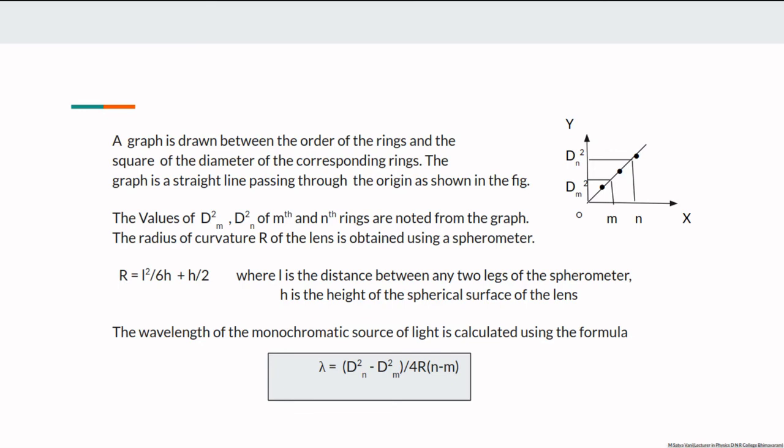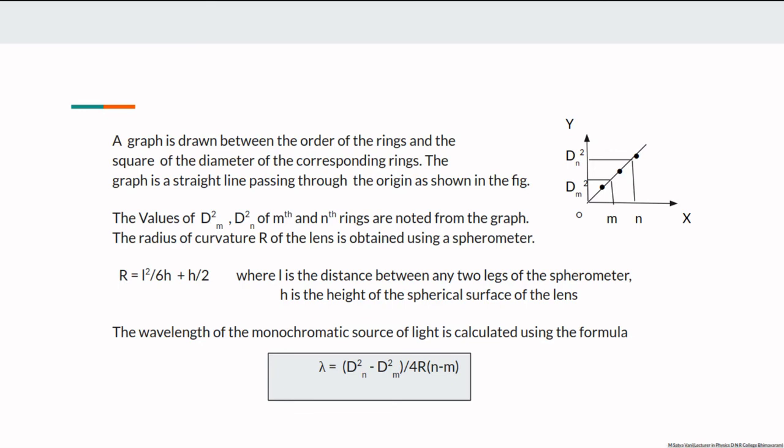If you know the wavelength of light lambda, we can also determine the radius of curvature of the plano-convex lens. This is about interference fringes formed in this combination, that is in Newton's rings experiment.